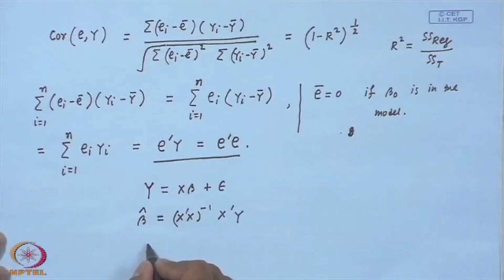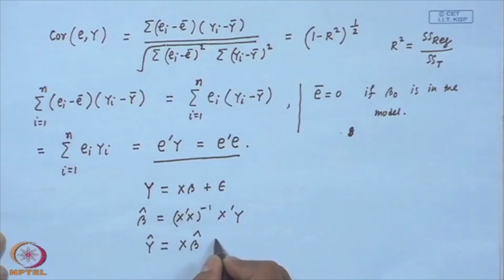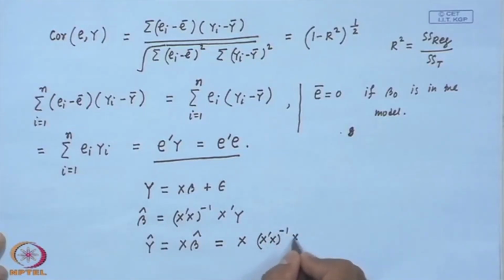And then the fitted model is y hat is equal to x beta hat, right. So, I can write this one as x, and then I plug the value of beta hat here: x (x prime x) inverse x prime y. Okay. And then I call this matrix H.